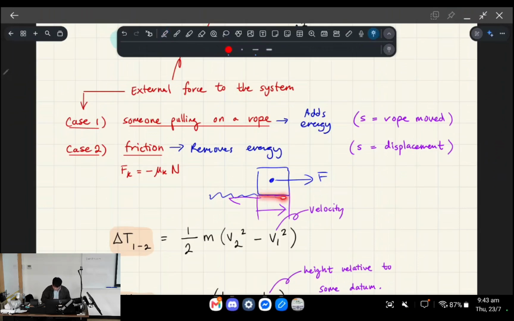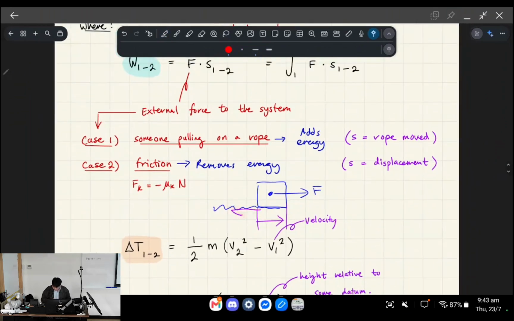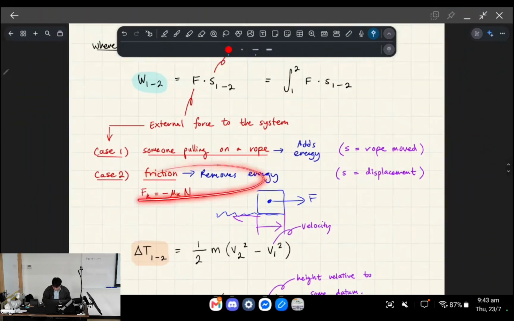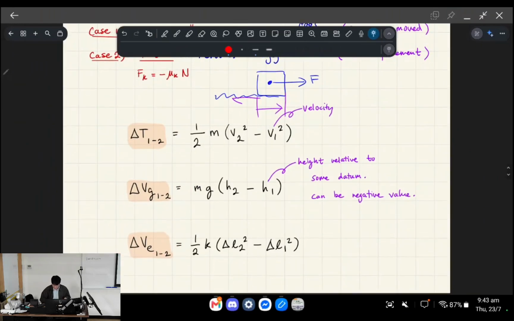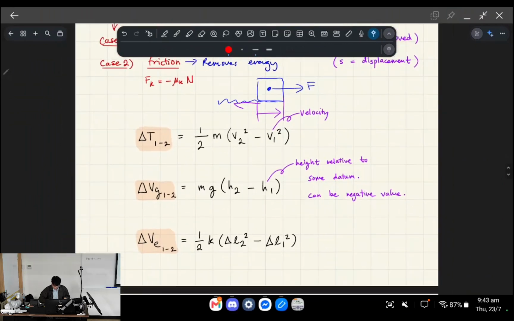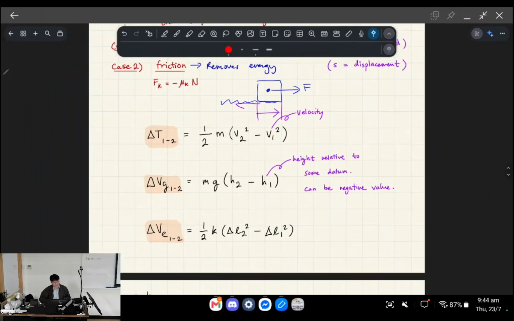That distance is going to be the displacement, and the kinetic friction is going to be F. So that's how much energy has been removed due to friction in that particular scenario. Okay, and then we can break down kinetic energy, gravitational potential energy, and spring potential energy into these formulas, right? Which I think you might be relatively familiar with already from physics. You might not have seen the spring potential energy formula before, but that's okay. We'll see it in the upcoming question, all right?